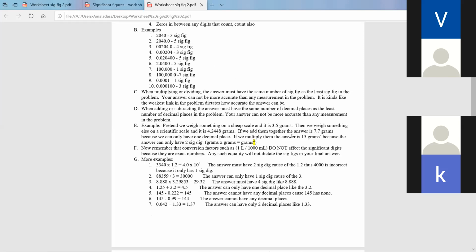So in addition and subtraction problems, please understand always the least decimal place is the most important. Whereas when you consider multiplying or dividing, the answer must have the same number of significant figures as the least significant figure in the problem. That means the significant figure should be the least.